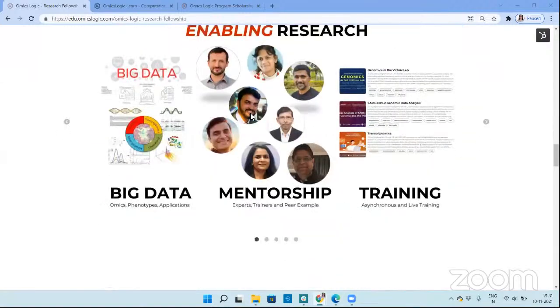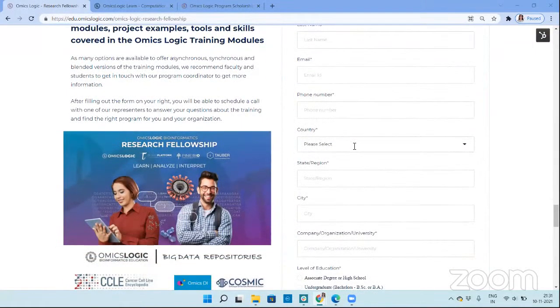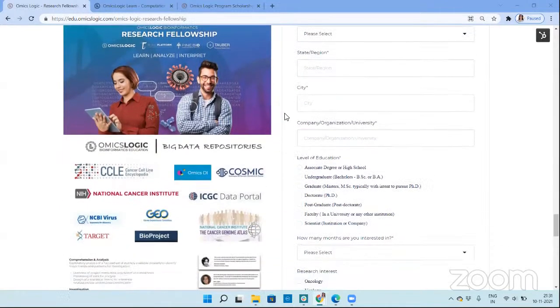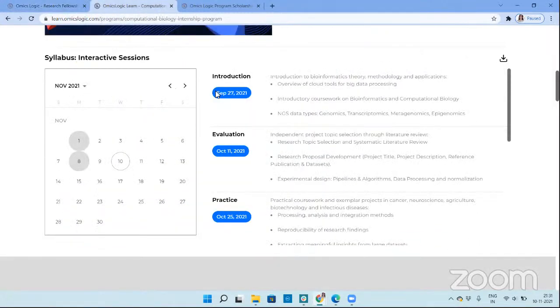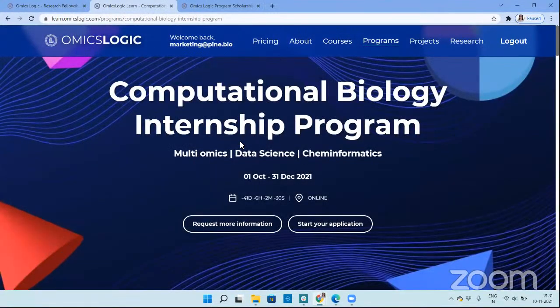You can also register yourself in the form mentioned on the program page. Once you register, you are going to get all the details about how you can further enroll yourself for the program and how to get started. Now we do understand the need to make this program reasonable for students, along with the basic requirement of sustaining the program altogether.